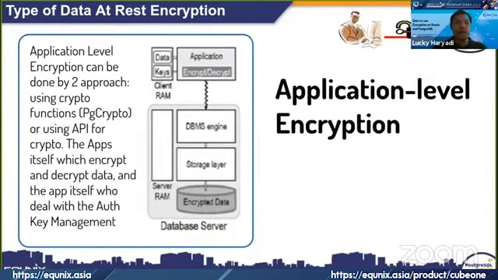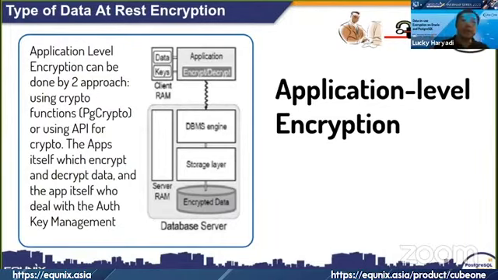And then the application level encryption. We can achieve this, for example, in PostgreSQL, by using pgcrypto functions or an API for the crypto functions. Who will do the encryption? That is the application. The application will have the keys, manipulate the data, and do the encryption and decryption.